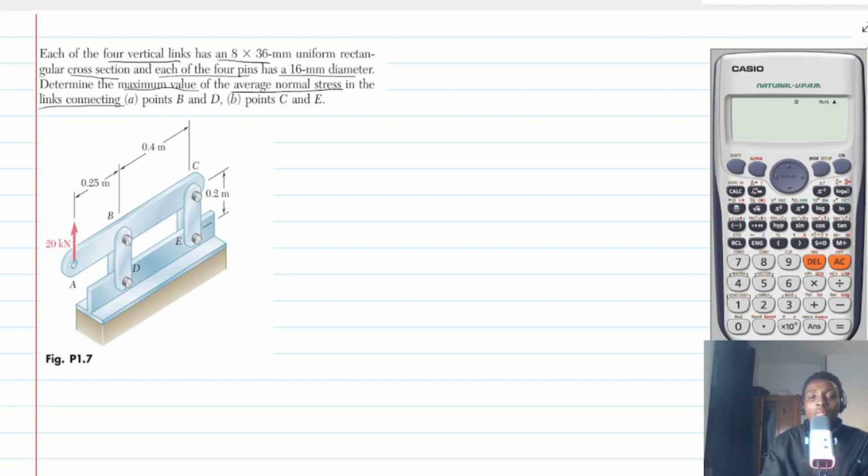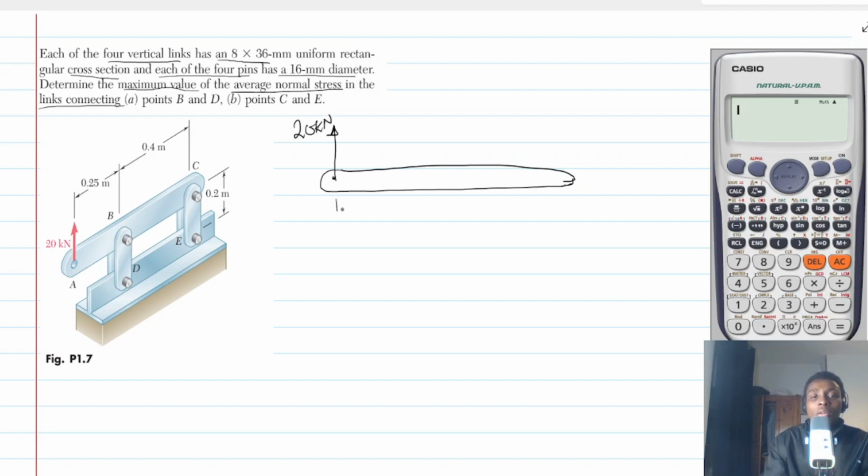So let me sketch it. Think of this as something like this, and then you apply a force in this direction, and that force is 20 kilonewtons.